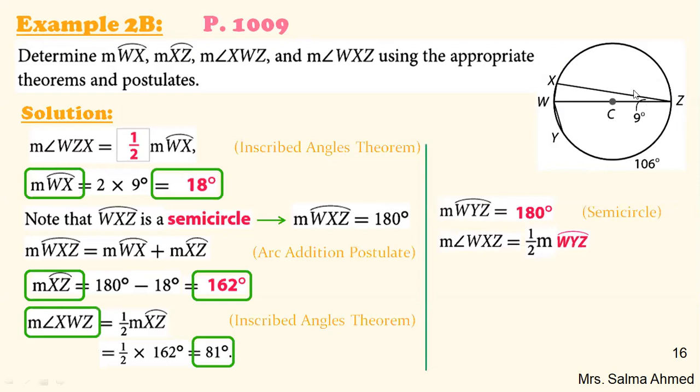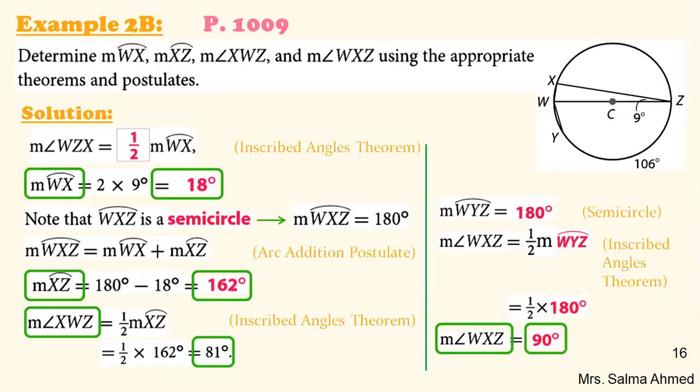So the measure of angle WXZ is equal to half that semicircle, because this is an inscribed angle. So what's the relation? The inscribed angle is half the arc in front of it. This arc is 180, so it will be half, from the inscribed angle theorem, of course. So half times 180 gives me 90. Okay, so this is the fourth one.